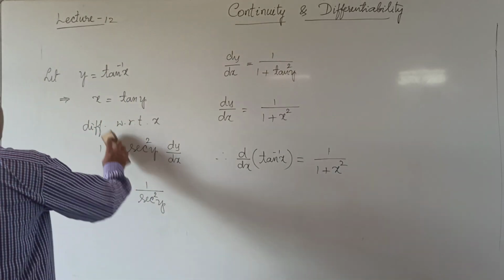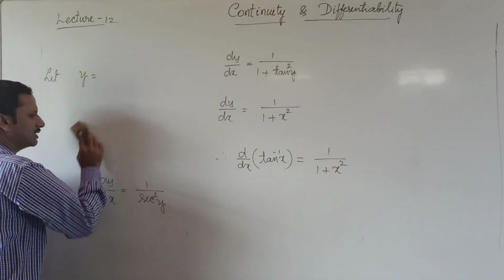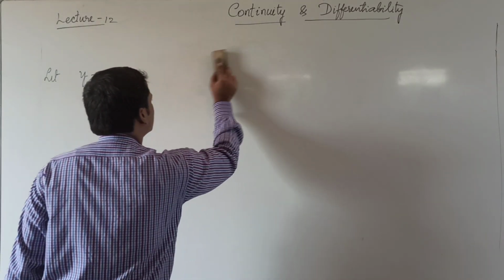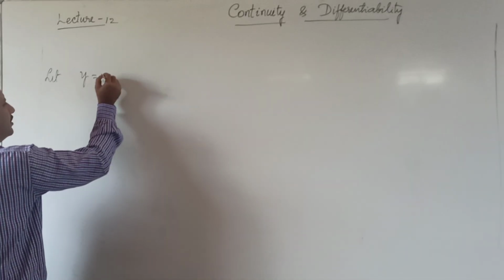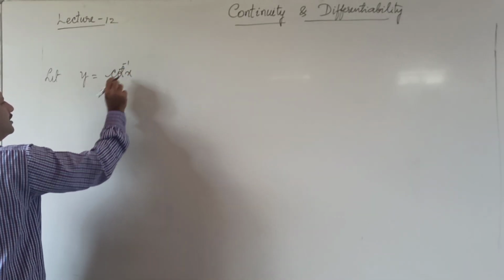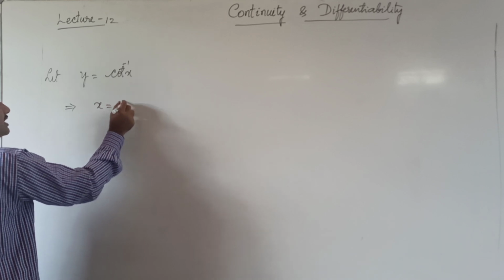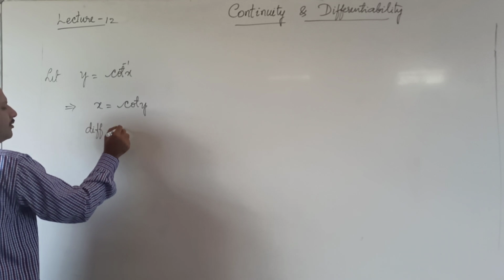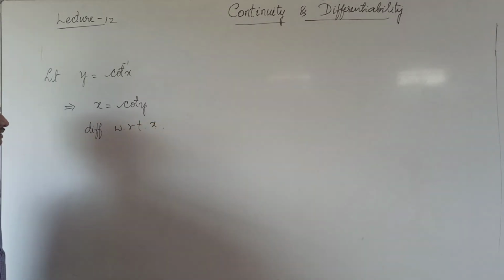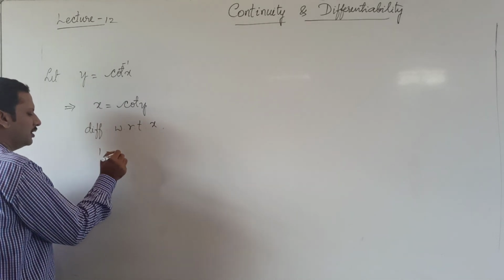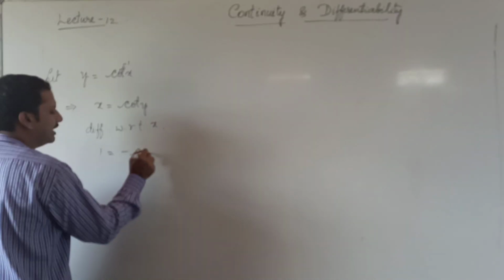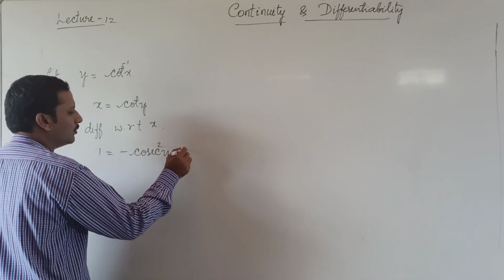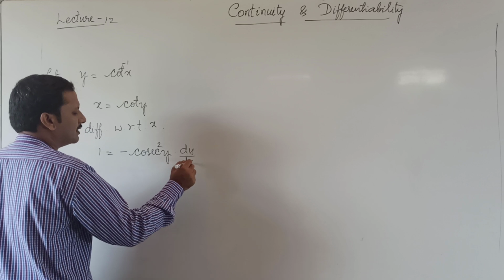Okay. After this, I will go for cot inverse x. Let y be equal to cot inverse x. This will imply that x is equal to cot y. Now differentiating with respect to x, we get 1 is equal to, derivative of cot y is minus cosecant square y into dy by dx.